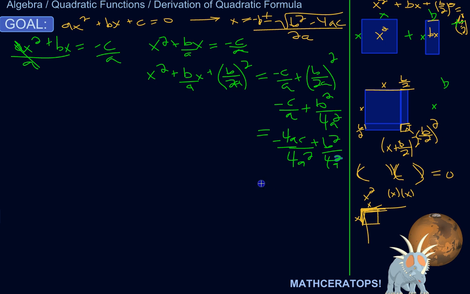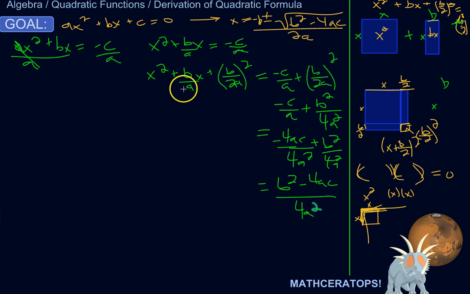So we've got common denominators here, so this would be minus 4ac plus b squared over 4a squared, and I'm just going to flip the order around, because minus 4ac plus b squared is equivalent to b squared minus 4ac, right? Alright, this is looking good, right? Over 4a squared.